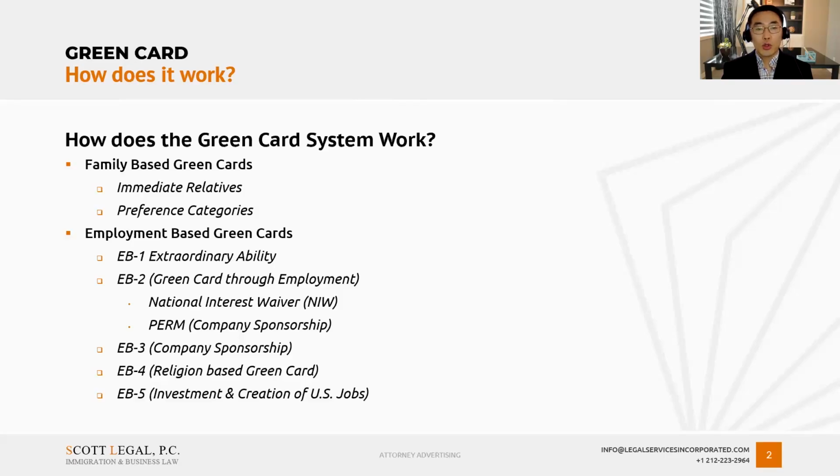EB3 is also through PERM-based company sponsorship. EB4 is religion-based, and finally EB5 is investor-based. For these employment-based categories, Ian will address more detailed information later in our presentation today.